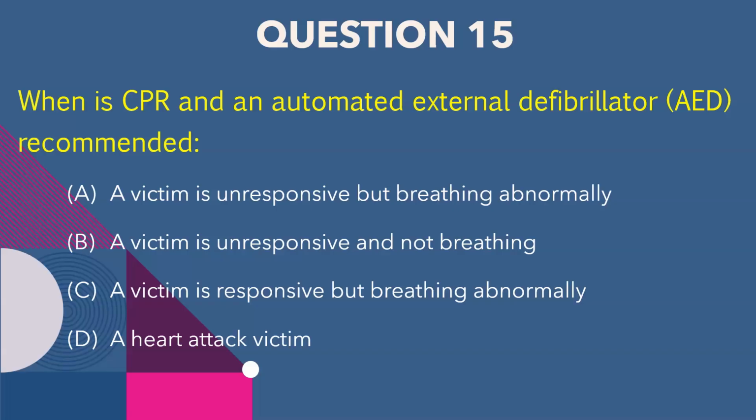C, a victim is responsive but breathing abnormally. D, a heart attack victim. So when do you perform CPR and when do you use AED? Both of them could be used together. Who do you use it for? Please make your choice, write it down, and then question 16.